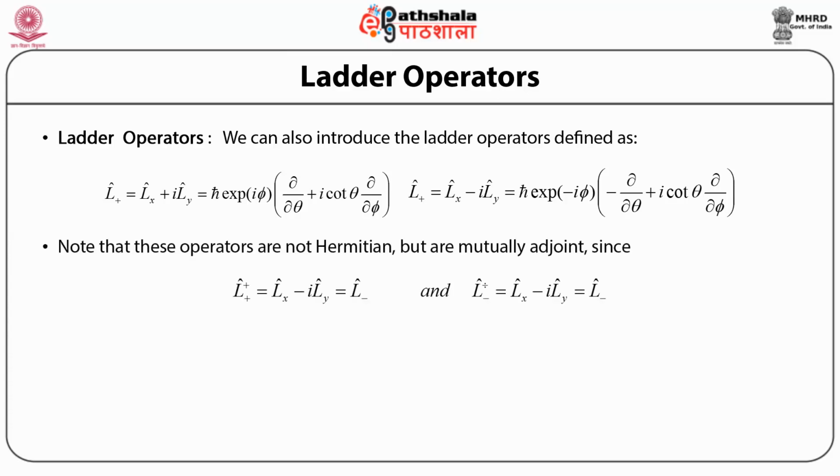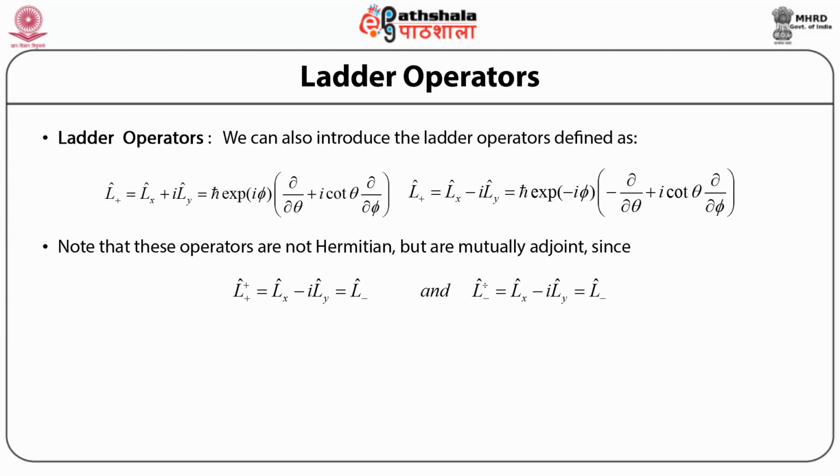Note that these operators are not Hermitian, but they are mutually adjoint, since the complex conjugate of operator L plus is equal to operator Lx minus iota times operator Ly, which is in turn equal to operator L minus.